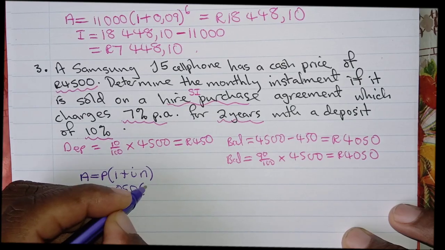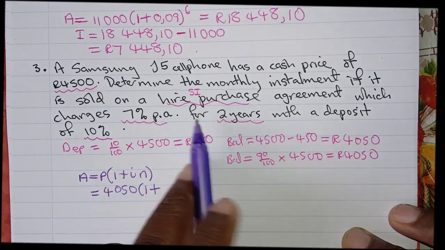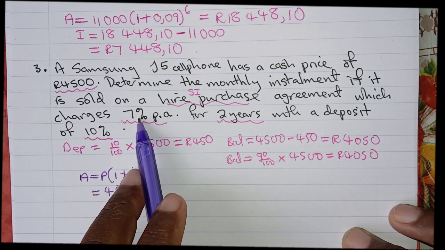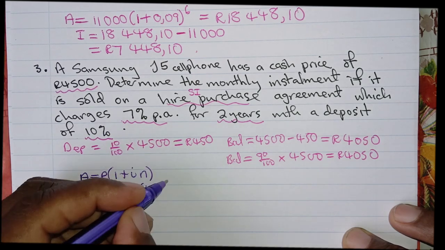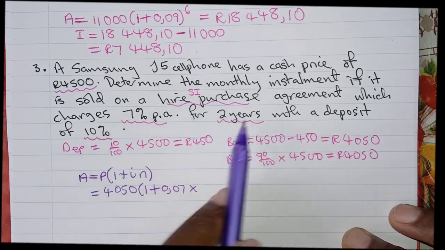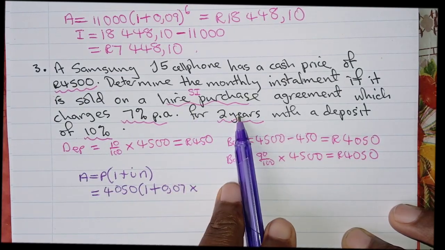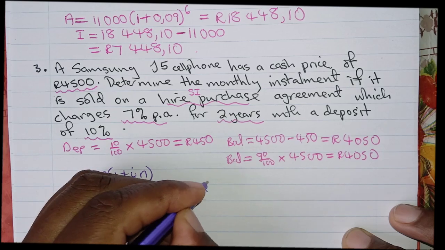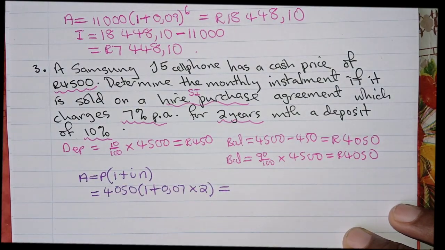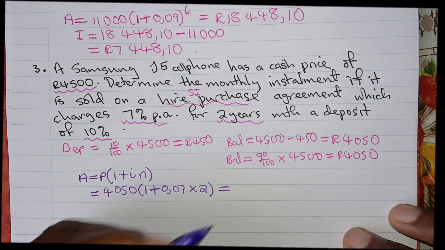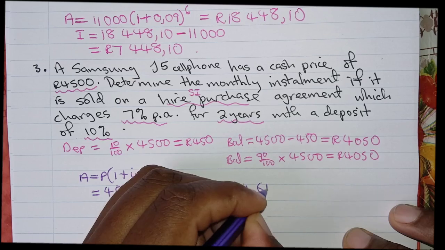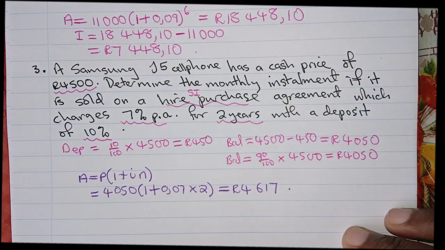Multiplied by 1 plus your I for the hire purchase, it's 7% per annum, so plus 0.07 multiplied by, it says for 2 years, so that is multiplied by 2 years. So the whole amount that you are going to be owing here is 4,617, right?